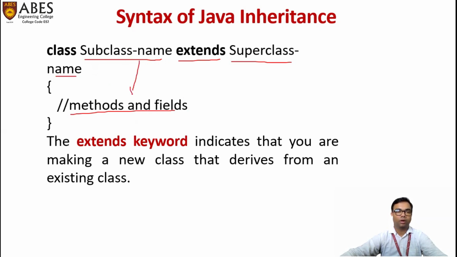Whatever subclass you create, you can add some more methods and fields here. The extends keyword indicates that you are making a new class that derives from an existing class. We'll see practically how we do this.